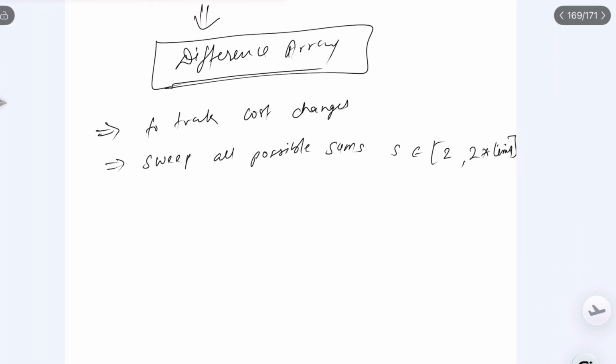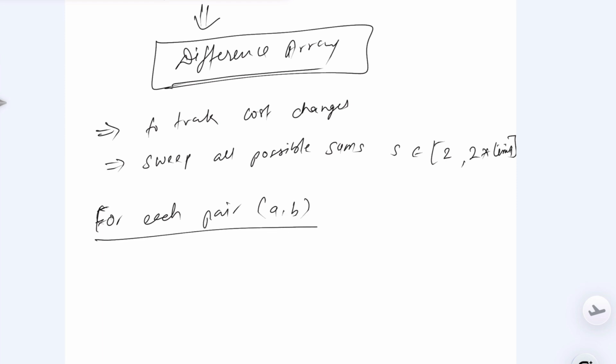Let's suppose for each pair you have a and b. We know that for each pair we have a and b. So we'll say, let's take low and call this the minimum of a and b.